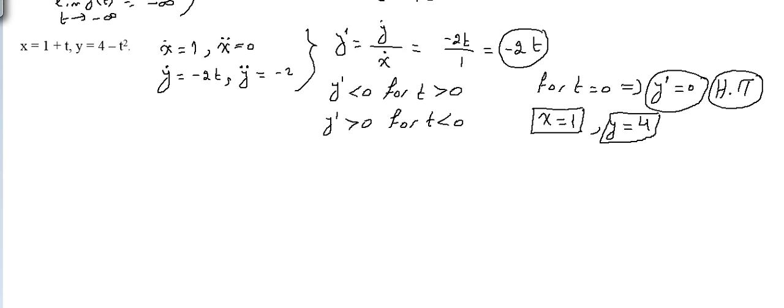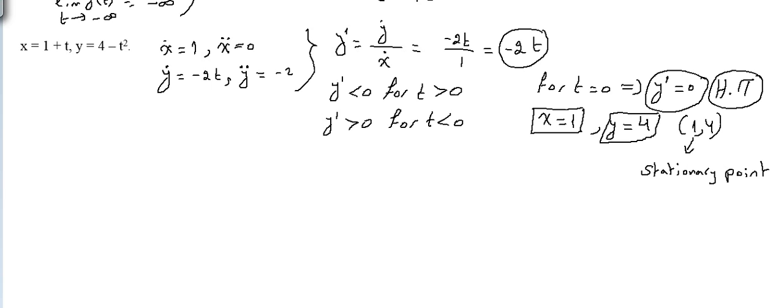So at (1, 4) the derivative is 0. So we have a horizontal tangent here, and we consider it a stationary point. He wants me to find the stationary points, right? This is a stationary point.